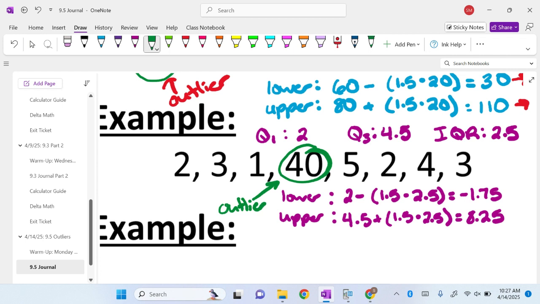All right, so everyone should be trying this one. You do Q3 minus Q1. A way to remember it is it's called the interquartile range. It's the range of the quartiles.